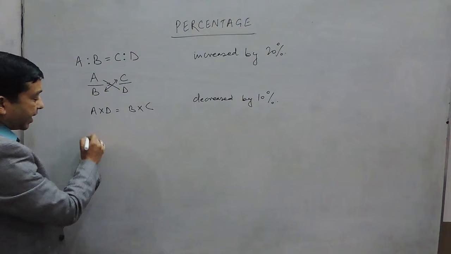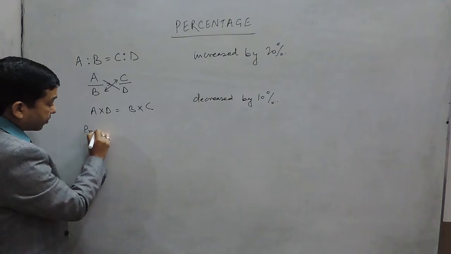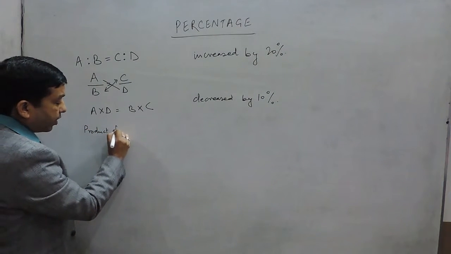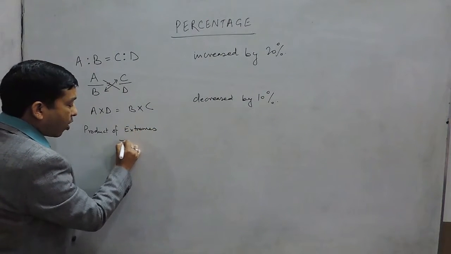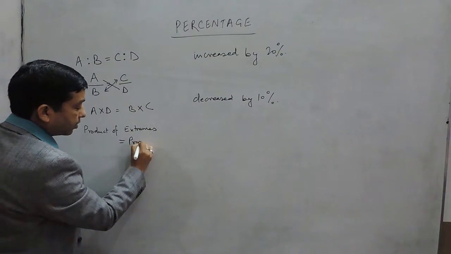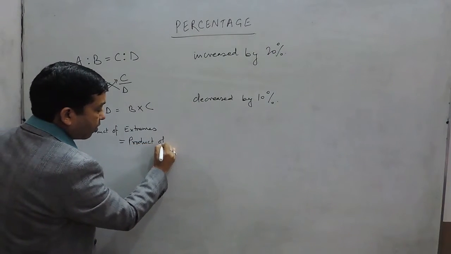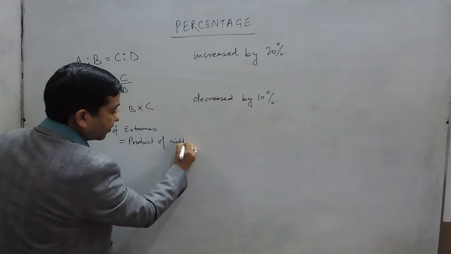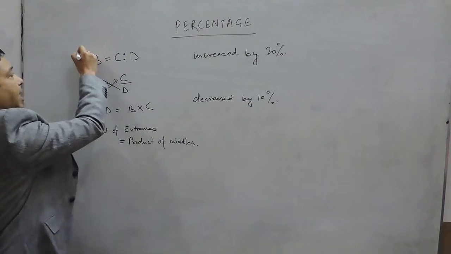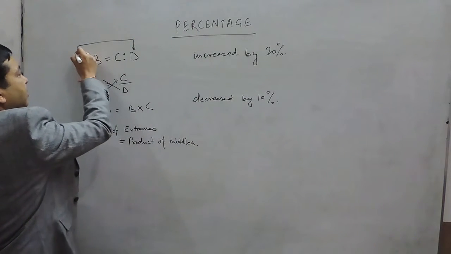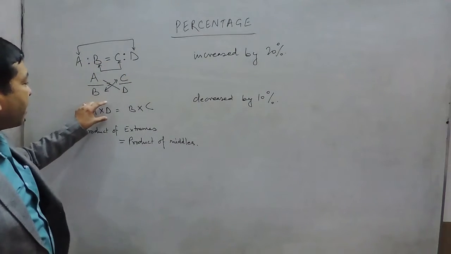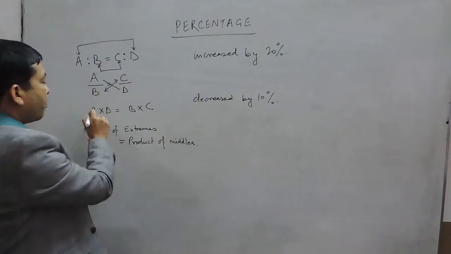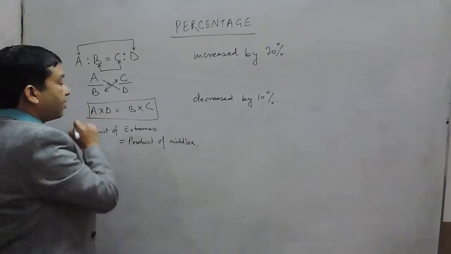Or to this we say that the product of extremes is always equal to the product of middles. These are the extremes and these are the middles. So A multiplied by D is always equal to B multiplied by C.